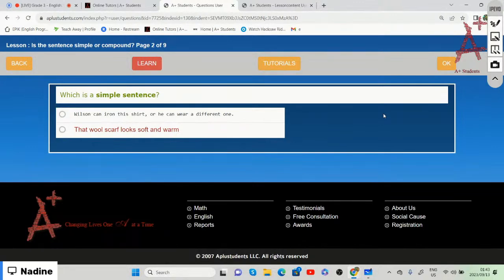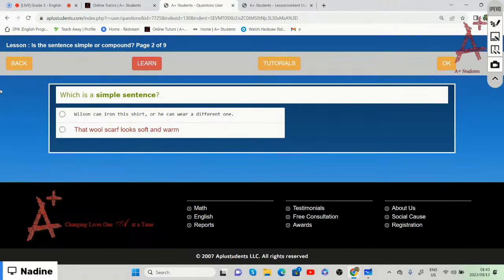Remember, we said a simple sentence has one subject and a predicate. Wilson can iron this shirt, or he can wear a different one. Or that wool scarf looks soft and warm. So is it the first one?